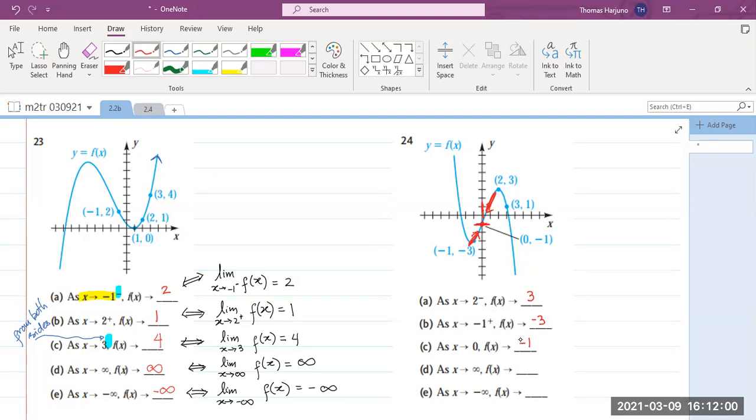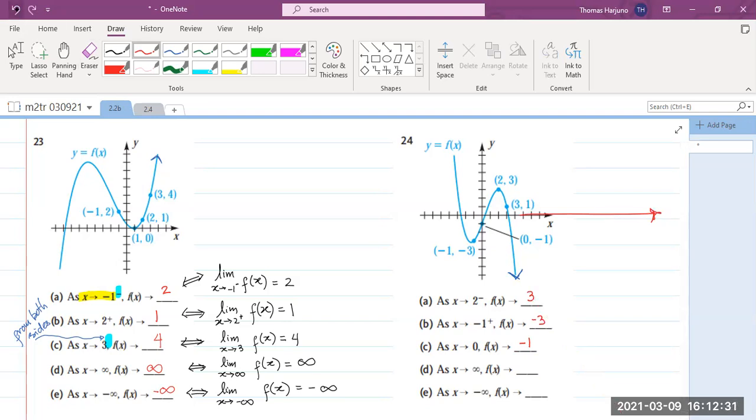Part D, as x approaches positive infinity, so when you go very, very far to the right, what will the value of y be? Now you see that the function goes down all the way. The further you go to the right, the more it goes down.